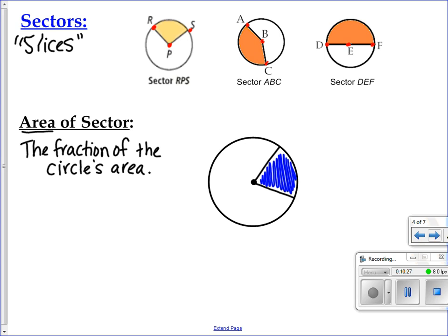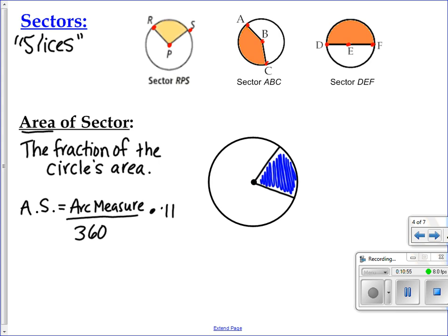So we're going to pretty much use the same steps you were working on earlier. To figure out the fraction of the circle, you're going to take the arc measure. So I'm going to say area of sector, AS, equals the arc measure of that slice over 360, and I'm going to times it by the area of the circle.